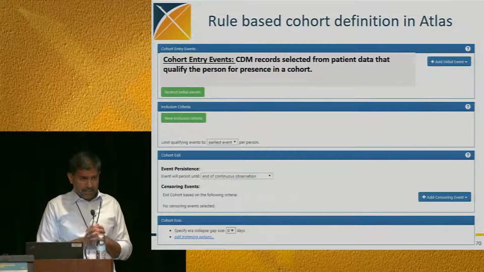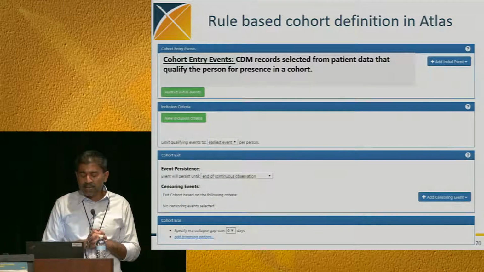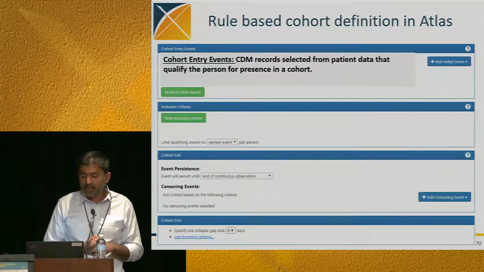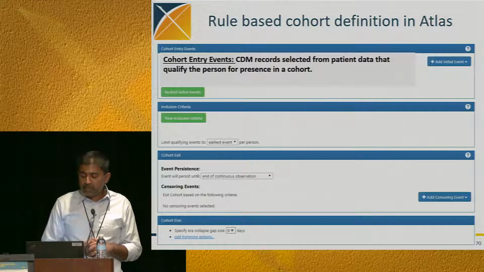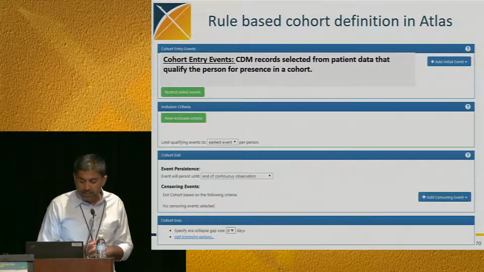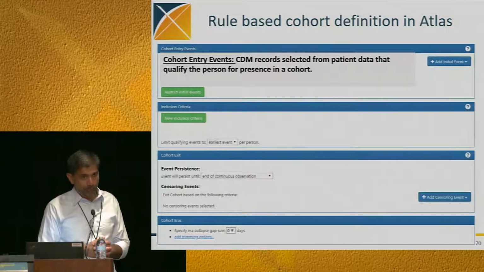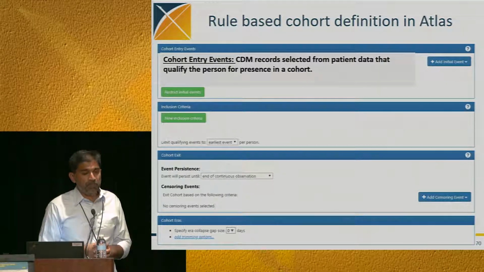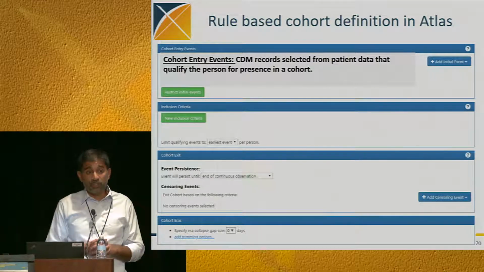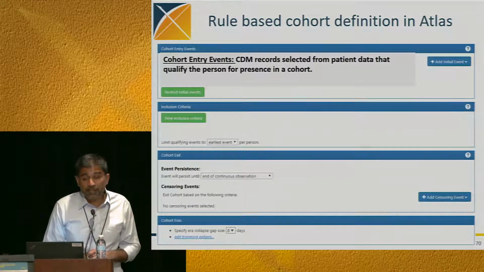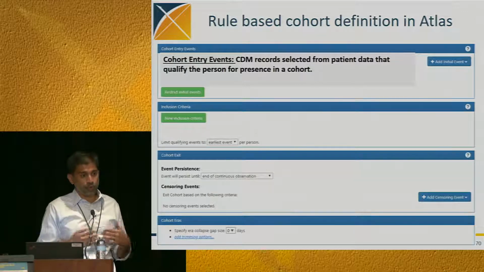Cohort entry events are defined as CDM records, the records from the common data model, selected from a patient's data that qualify the persons for presence in a cohort. So if you are studying people with angina, then maybe the condition occurrence of angina qualifies a person to enter into a cohort.